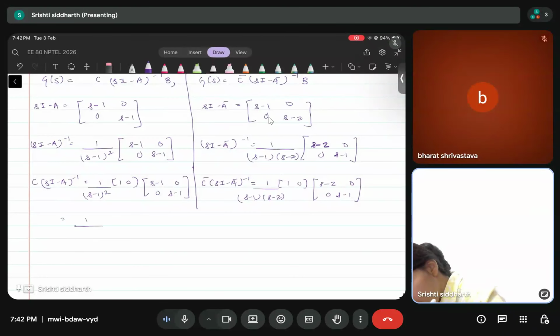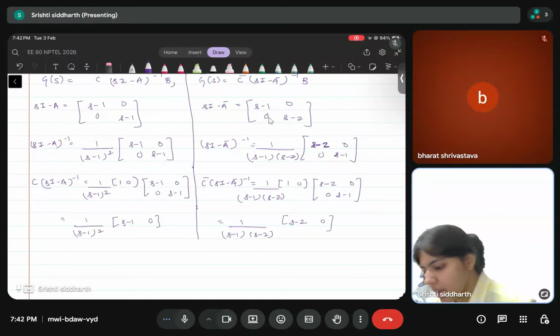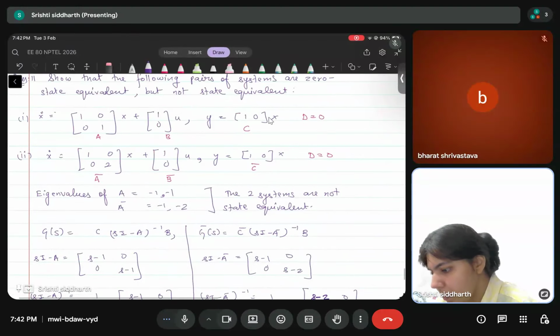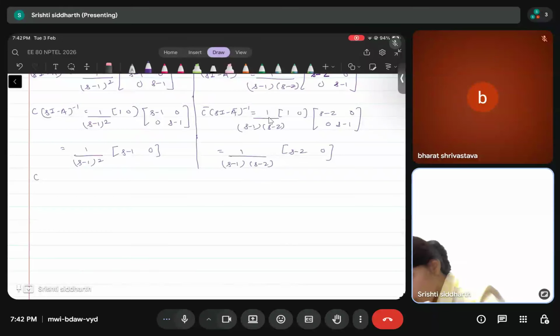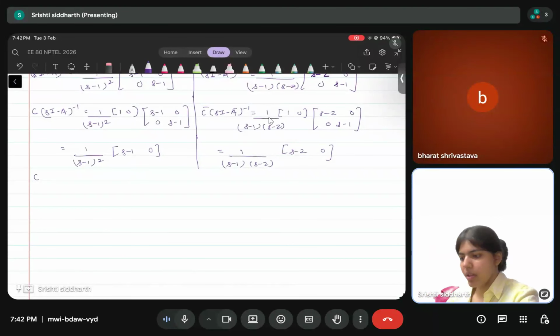So only the first row, which is 1 over s minus 1 for the first, and again only the first row, 1 over s minus 2 for the second. And then post multiply by B. B is also the same, [1 0]. So that's the first entry of this row vector, right?